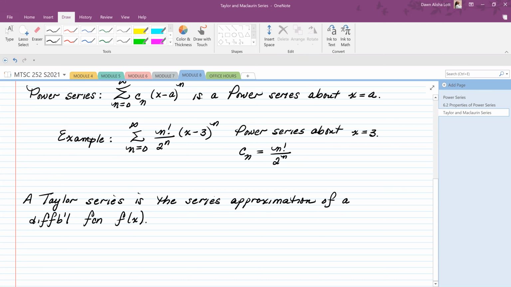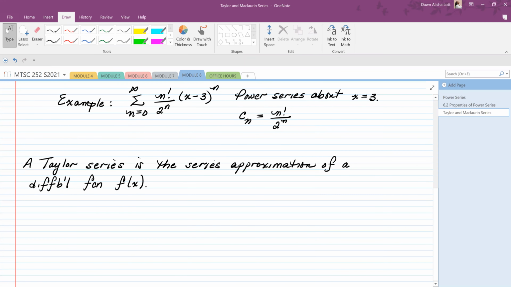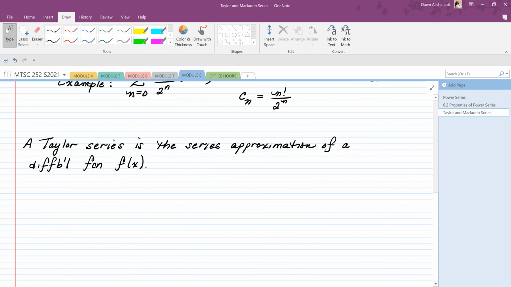And we require f to have numerous derivatives in order for this to work. So the power series as such is the Taylor series.